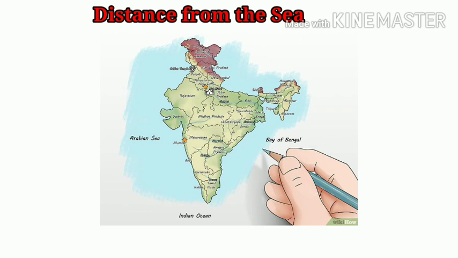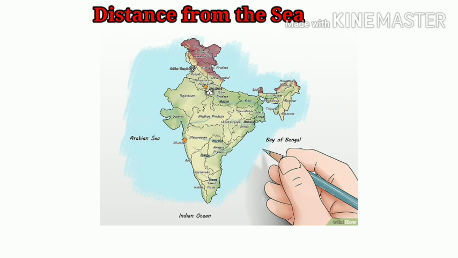The regions located nearby the sea and oceans are Maharashtra, Andhra Pradesh, Karnataka, Telangana, Kerala and Tamil Nadu. These have a marine type of climate.